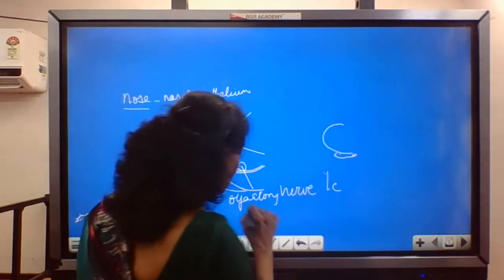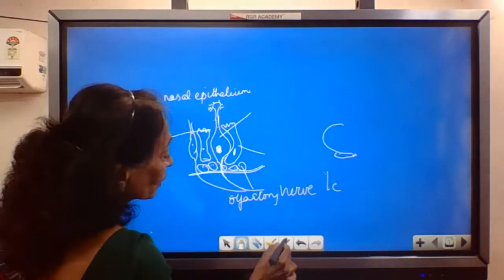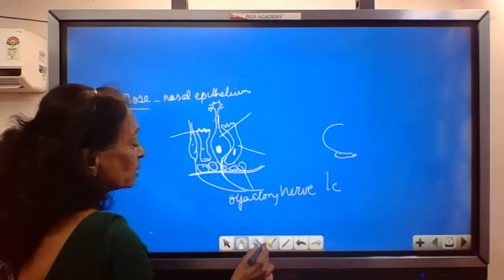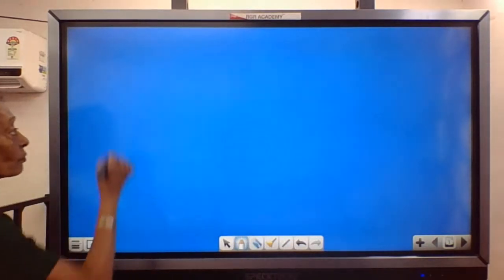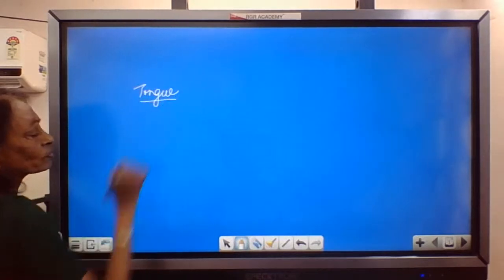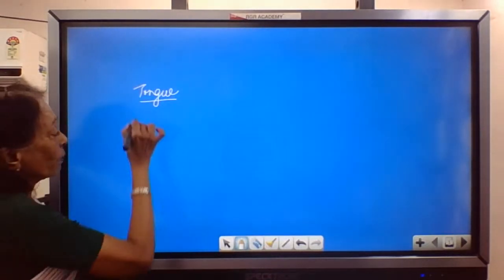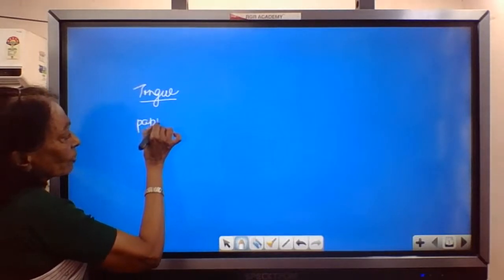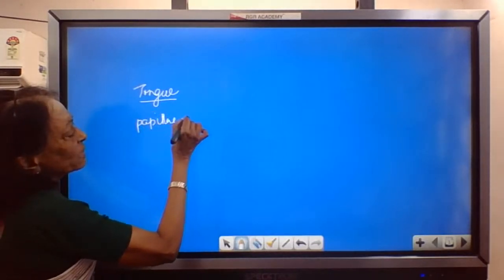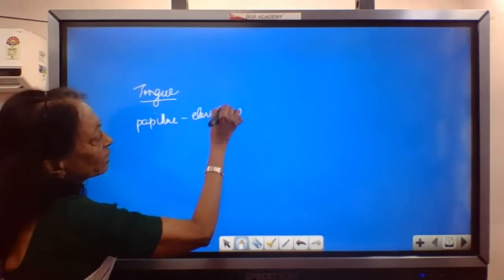Alright, this is the sensation in the nose. Next, the sensation in the tongue. The tongue is the sense organ for taste. On the tongue there are small elevations called papillae, which are nothing but elevations on the tongue.